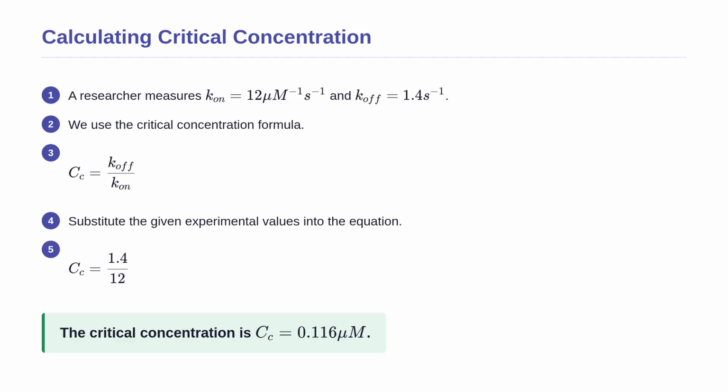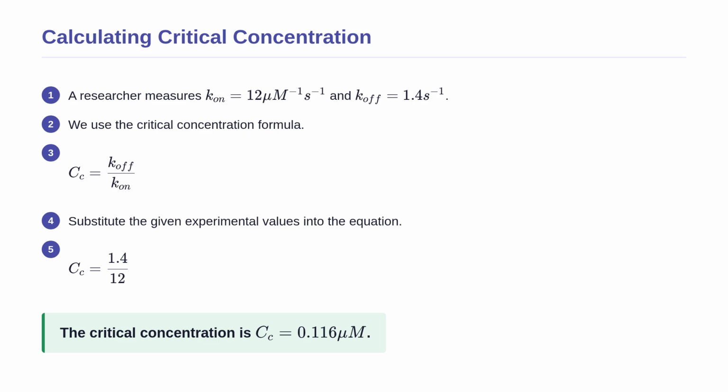Before we move on, let us see this formula in action with a concrete example. Imagine a researcher is studying actin filaments in a controlled test tube environment. She wants to find the baseline stability of the plus end. We are given that the rate constant for attachment, K on, is 12, and the rate constant for falling off, K off, is 1.4. We need to find the critical concentration.